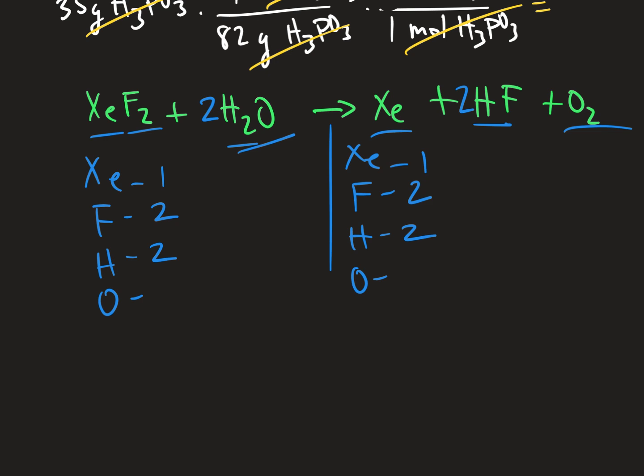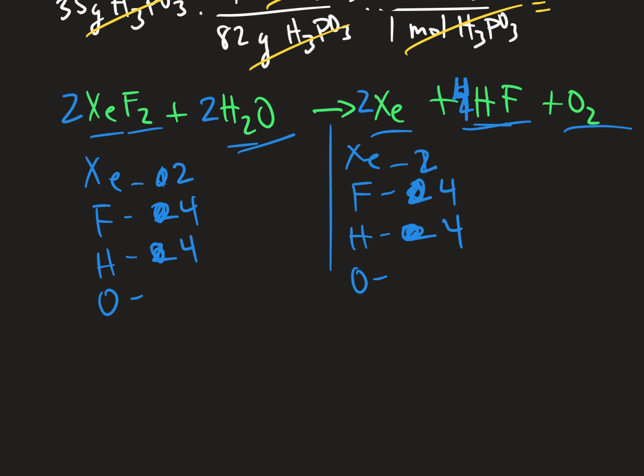So now we have 4 hydrogens on this side. So we better put a 4 right here. And now we're just starting over again, right? So we better put a 2 right there and a 2 right there to make sure that we have 4 fluorines on both sides, and then that'll make it so that we have 2 xenons.